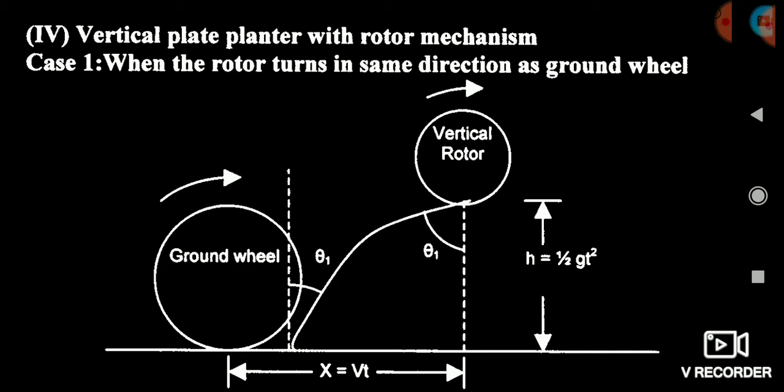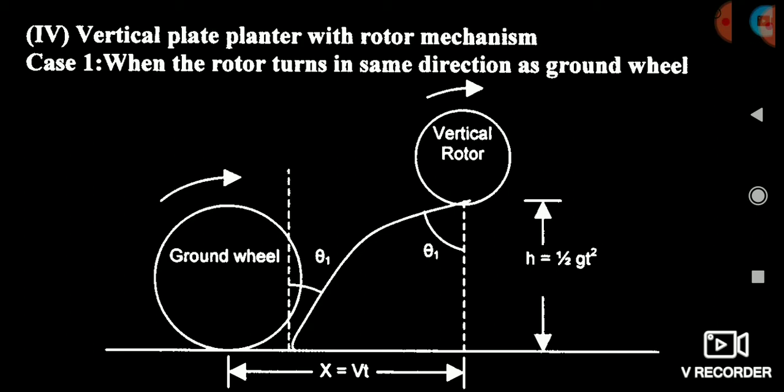Friends, it is saying that when the vertical plate planter is moving and the rotor turns in the same direction as the ground wheel, then what are the calculations we are doing? I think all of you know that for vertical height, h is equal to 1 by 2 g t square.